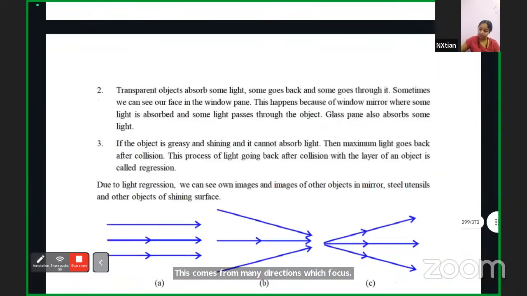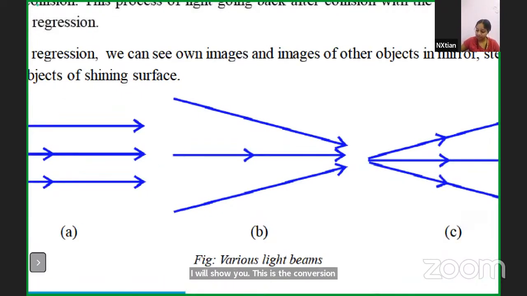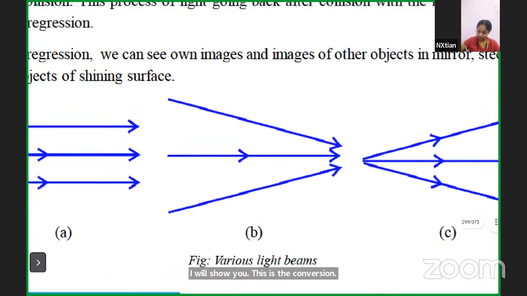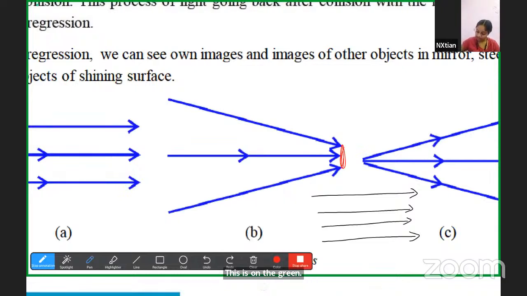I will show you. This is the convergent beam. This is the middle point. It's coming from different directions, but they are all falling at one point only. This is convergent beam.